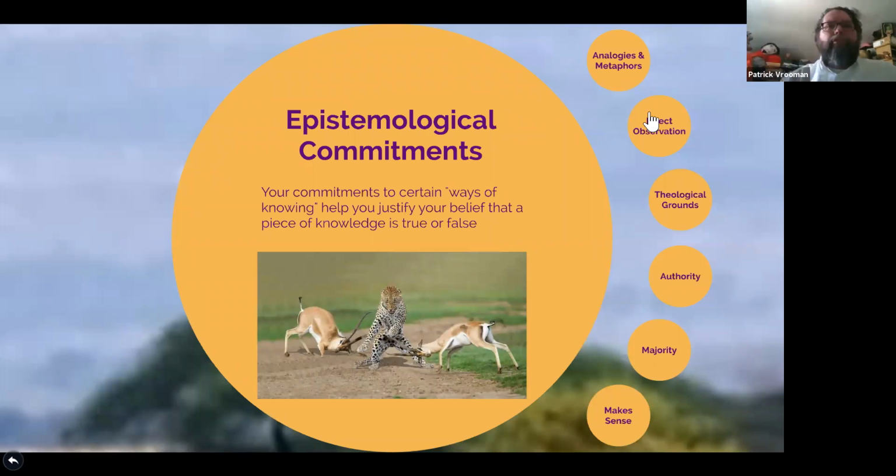And thus we know something is true or false, right? We have epistemological commitments based upon theological grounds, based upon our belief system, our faith, and so forth, our religious persuasions, right? So we know things because we believe them religiously, right? The big one is we have epistemological commitment concepts, critters running around in our conceptual ecology, based upon authority.